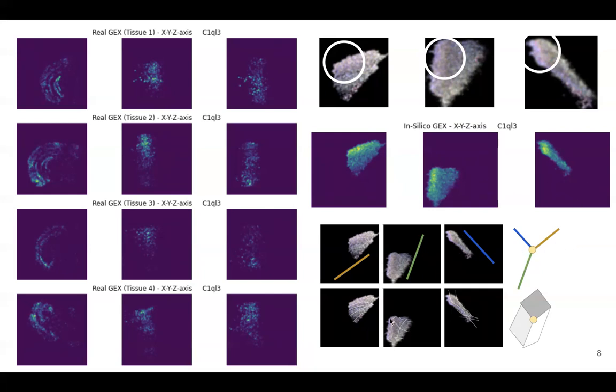And I just copy and paste this from the previous slide so that we can always have a reference of what we are looking at in terms of a 3D coordinate system. And this gene is C1QL3. And I'm not a mouse brain expert, but I believe, or I can see, that the gene expression is spatially coordinated. And I'll slowly go over each slide.